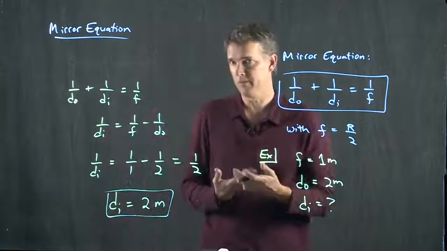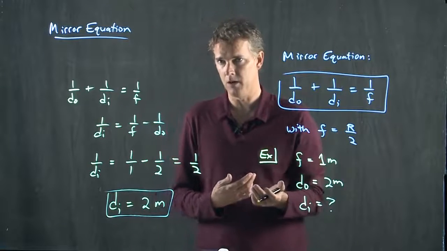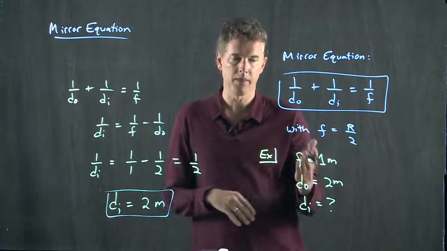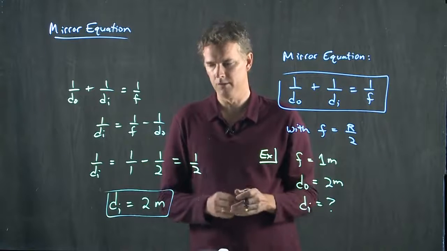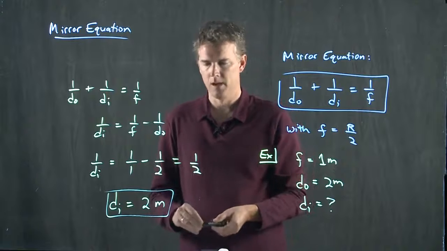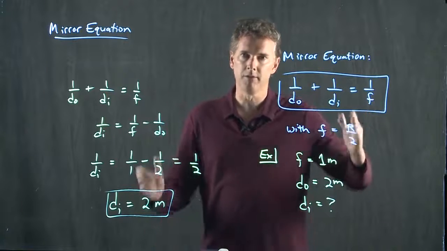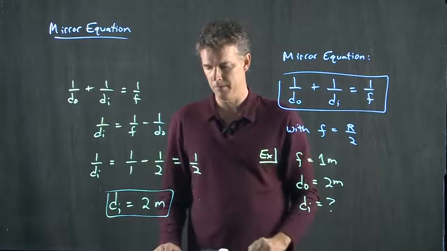And that's exactly what we found on that picture a second ago. If the object was 2 meters from the spherical mirror, then the image was also 2 meters from the spherical mirror. In this mirror equation, all these numbers are positive if they are to the left of the mirror.